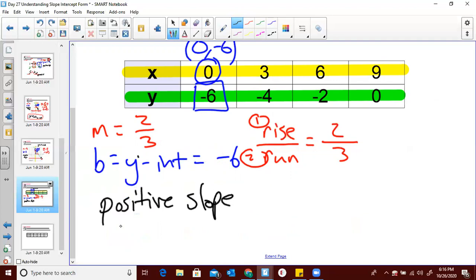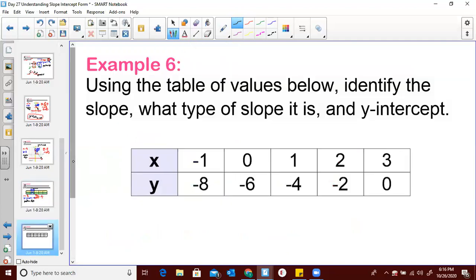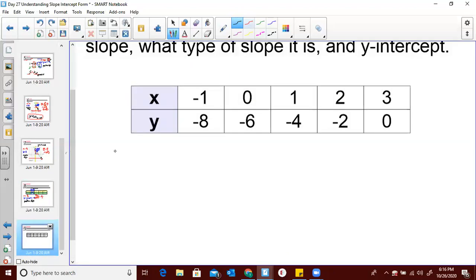Right, when they ask you questions about, is it negative, positive, 0, undefined, those should be pretty easy questions for you. All right, if you didn't like using a number line there for the slope, here's another way to do this. So we will do our slope equals and our y-intercept b equals. So let's look for y-intercept first. Right away, we're looking for where x is 0.